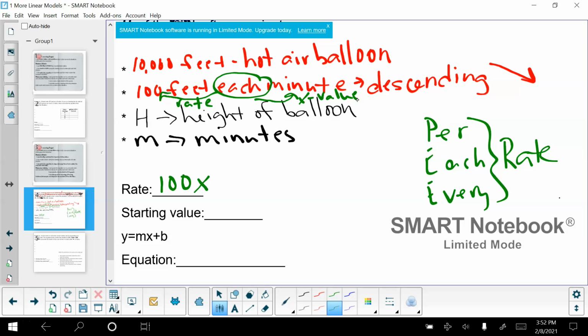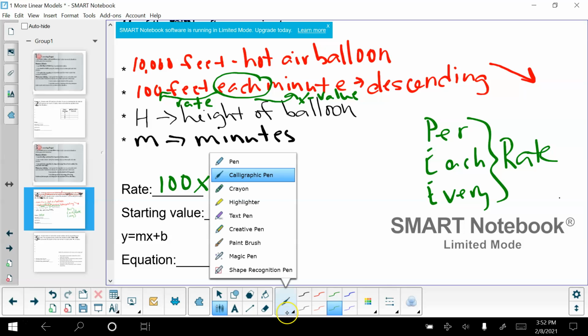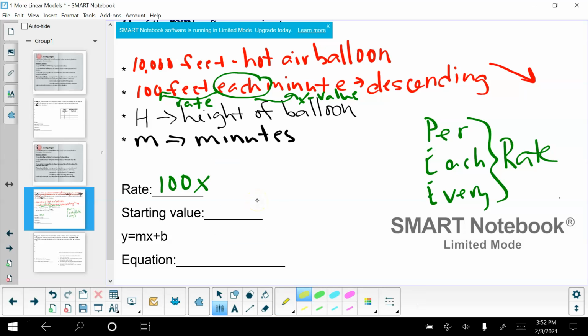Now, going down below it, I notice that I've got M represents minutes. And since I've just got this, I'm going to highlight it. What you want to try to do is make number-letter combinations, make matches. Okay, so I know that M represents minutes. When I go back up and look at the top, I want to find that, and I've got minute here with the 100. So the 100 goes with the minutes.